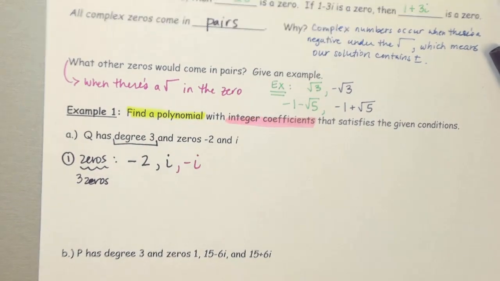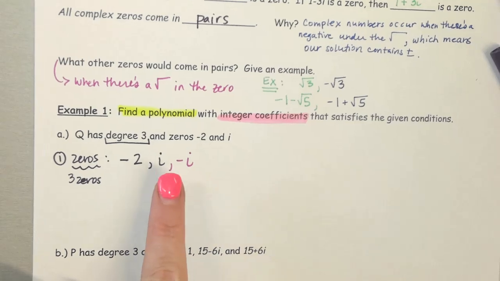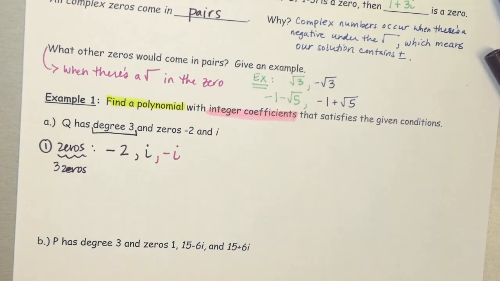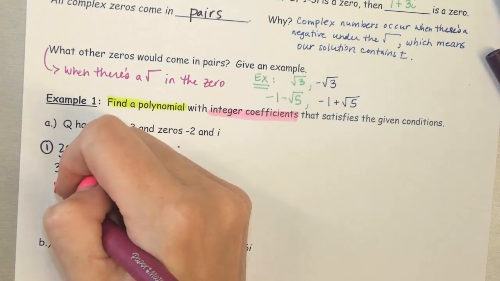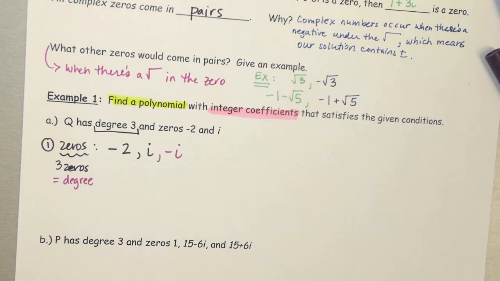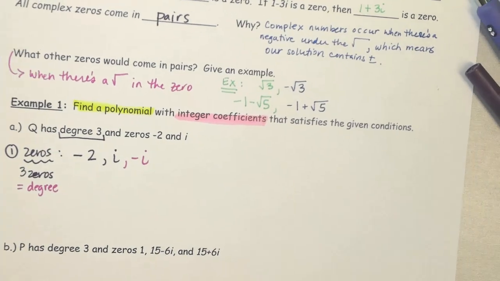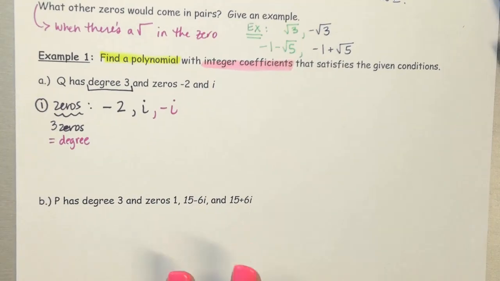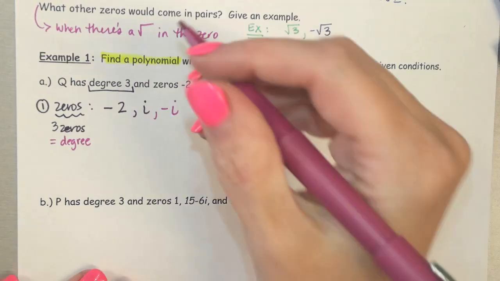Sometimes they'll give you all the zeros. Sometimes you might have to find the other one. So 3 zeros, because that is always going to equal the degree. Now we're going to set this up in factored form.